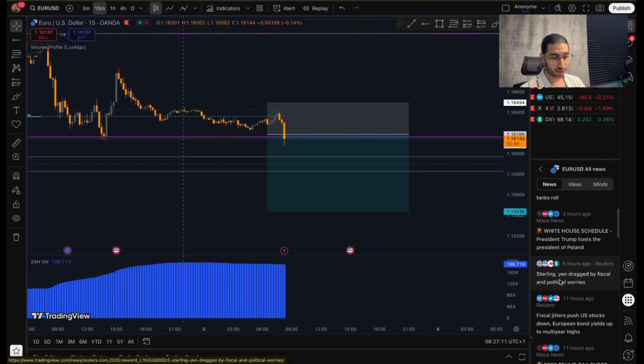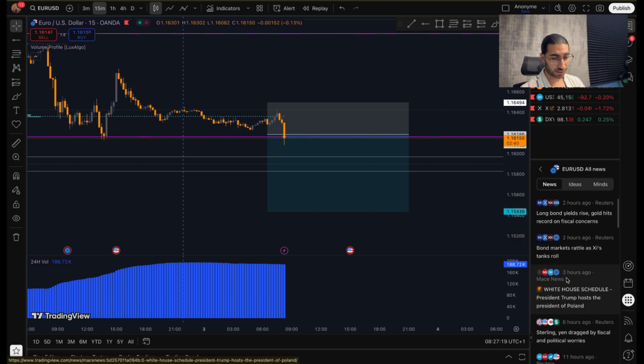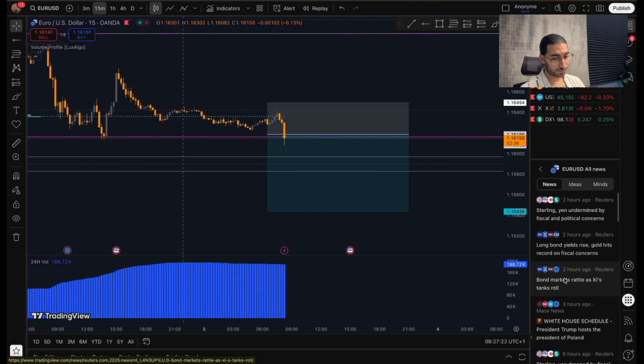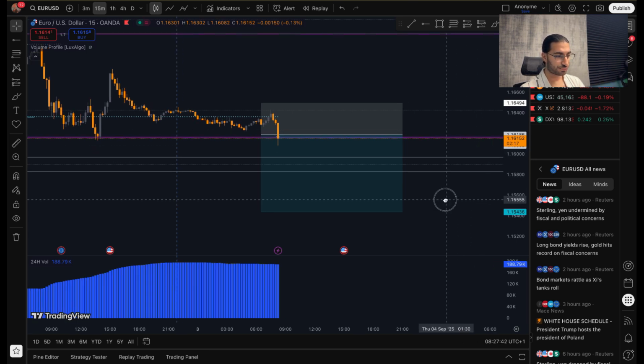Here, sterling yen, GBP JPY, is also going to the downside, but I didn't find any proper setup there. Bond markets are important, long bond yields rise, undermined by fiscal and political concern. So it's probably nice to have a look there, because that will probably give a lot of opportunities in GBP JPY soon enough, but probably not today.